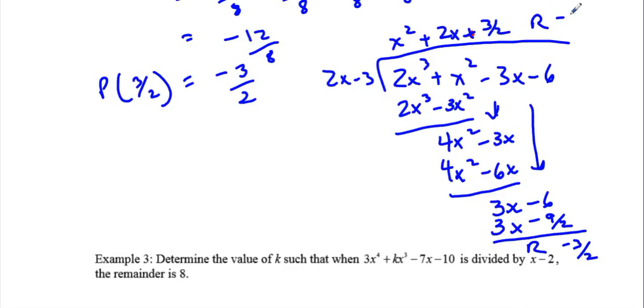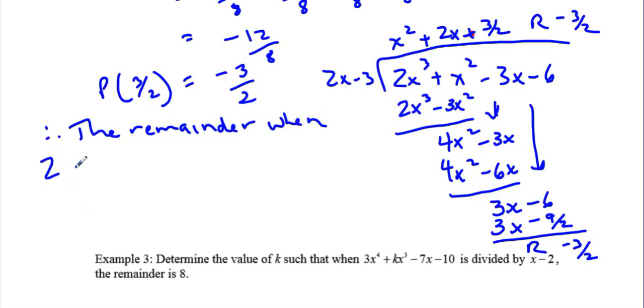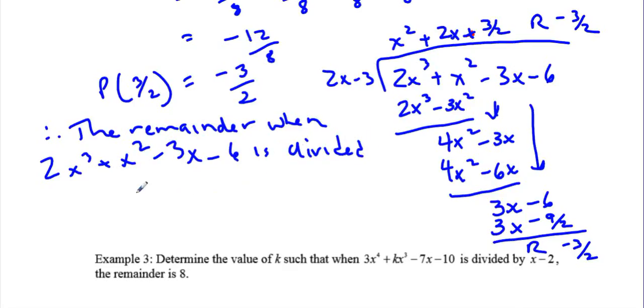Therefore, the remainder when 2x cubed plus x squared minus 3x minus 6 is divided by 2x minus 3 is minus 3 halves.